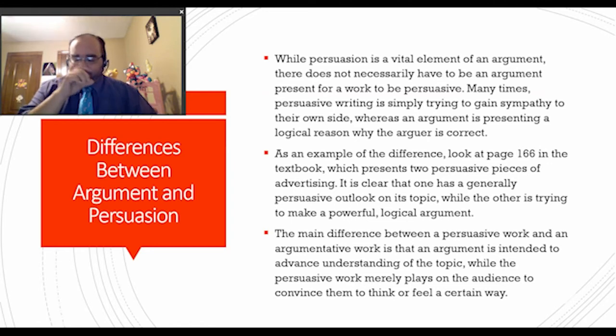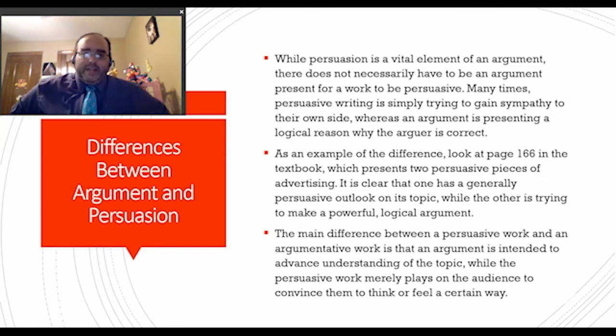However, if you're dealing with an argument, it is relying less on emotion and more on cold fact. It's more on logic. It's more on this is why this happens, and this is the reason why this is true because of this. Okay, there has to be some very clear argument there.